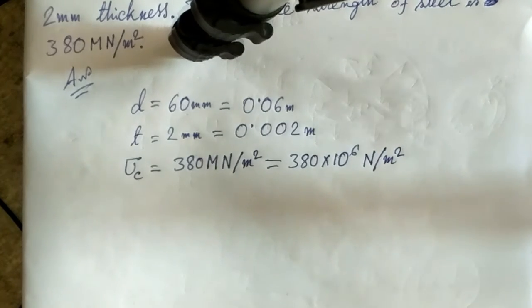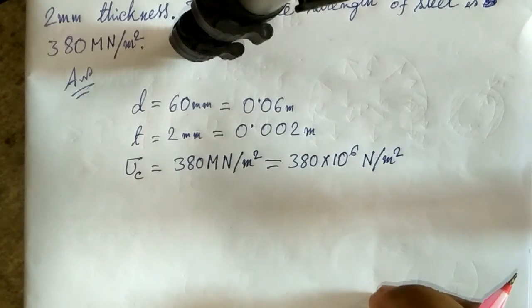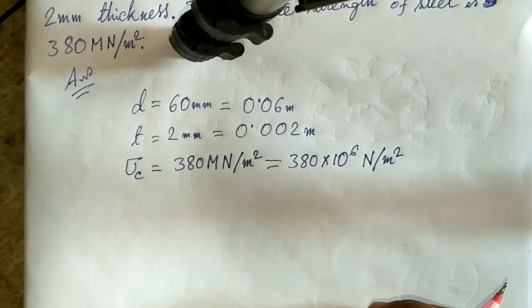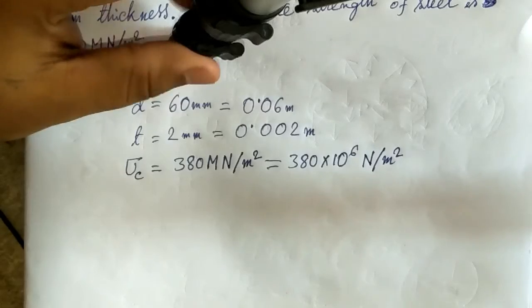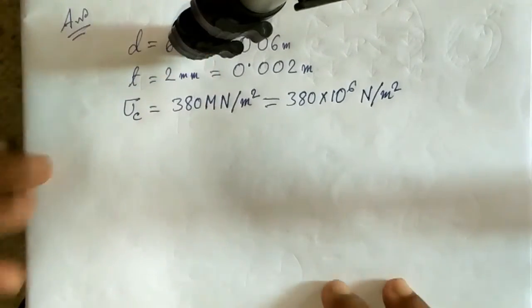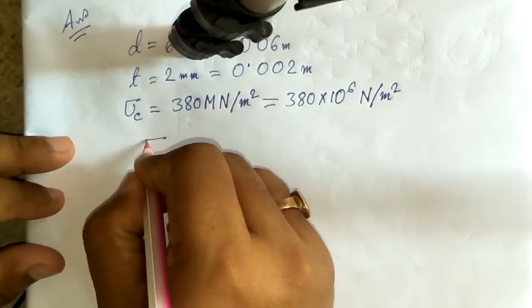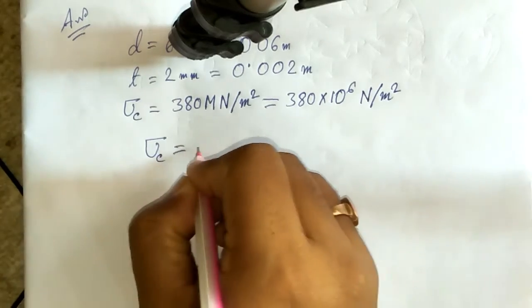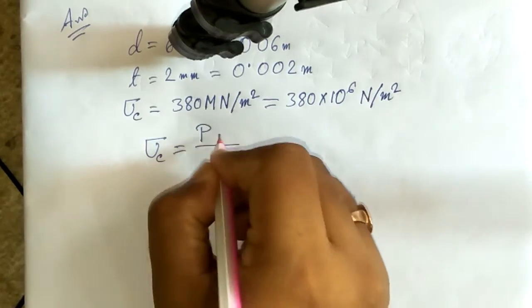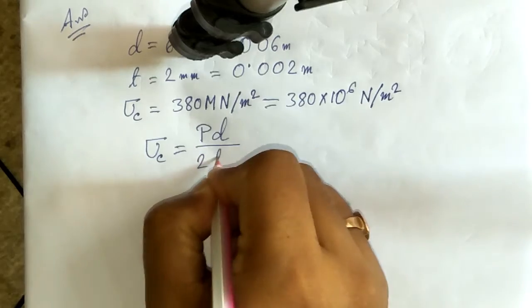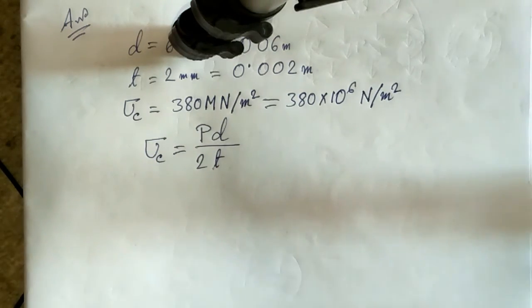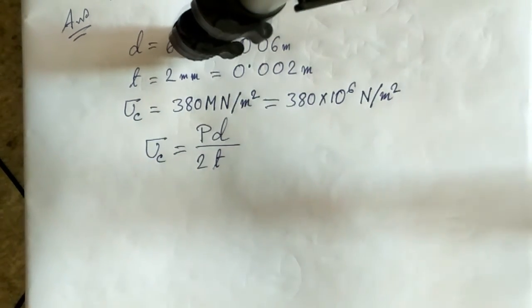Now by applying the hoop stress formula or bursting failure formula, we can write sigma c is equal to PD by 2T.